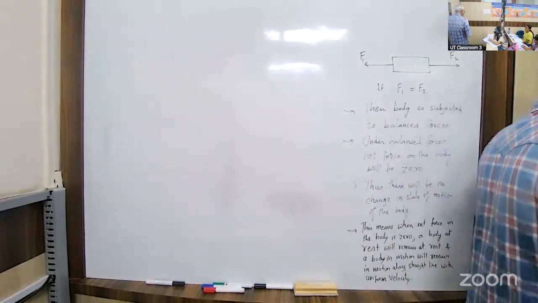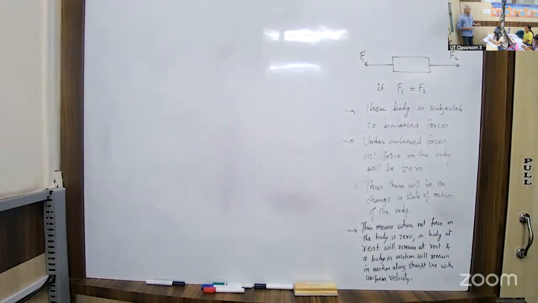No change in velocity. If the body was moving, it will have some velocity, and it will keep moving with uniform velocity. Okay, this is the meaning of balanced force.